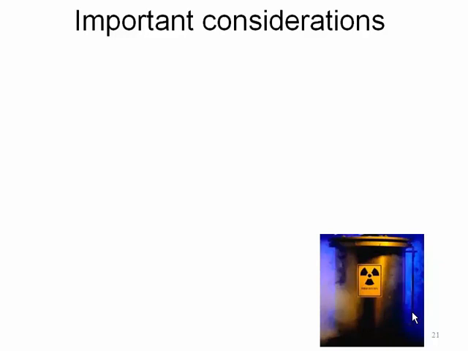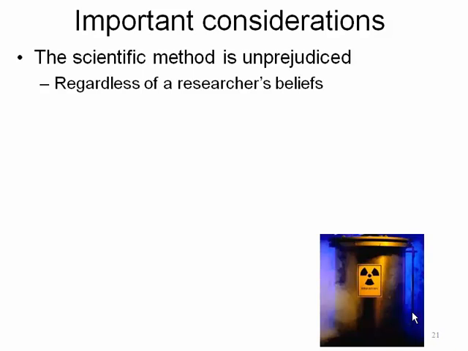So there are some important considerations in the application of the scientific method and the use of hypothesis-driven science and experimentation. First, you have to always strive to make sure that the investigation or experimentation is unprejudiced. If you expect something to happen or not happen, you have to make sure that those beliefs or predictions don't affect how you conduct the experiment or gather data or observations.